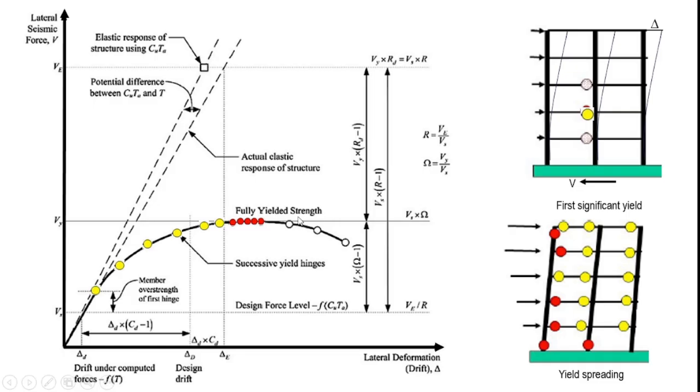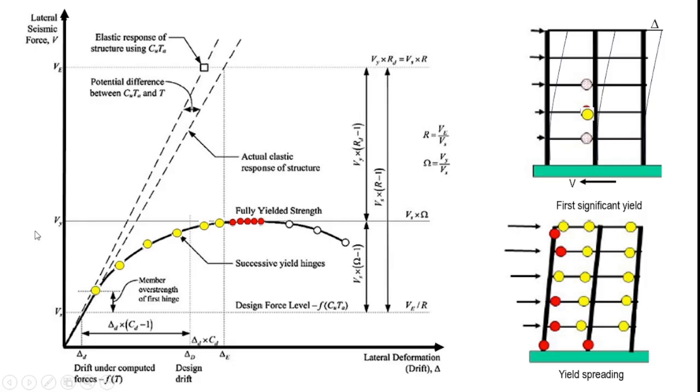On further increasing the lateral force, we find that at a particular level of lateral force V, which is equal to Vy, a sufficient number of plastic hinges has formed in the structure to reach its fully yielded strength Vy, so that any further increase in the lateral resistance V is not possible.